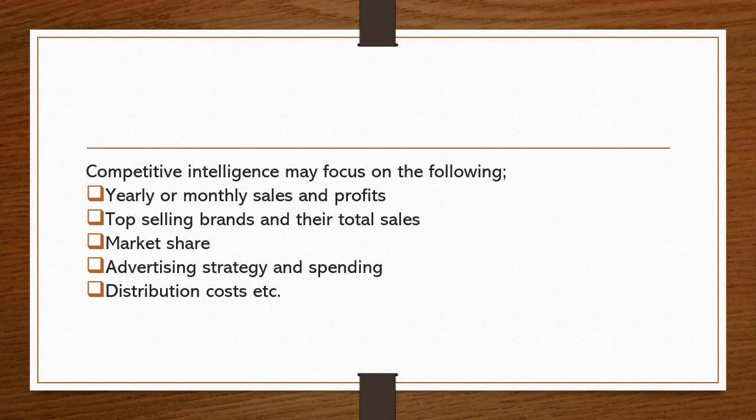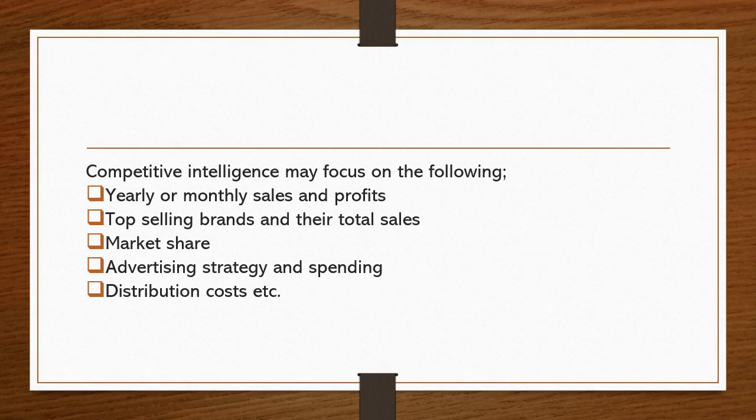So when you look at competing companies, they need to know how other companies are advertising and the strategies they are using, and even how much money they are spending on advertising, so that now they may be able also to adopt strategies which can outcompete them, or employ better strategies to outcompete them.